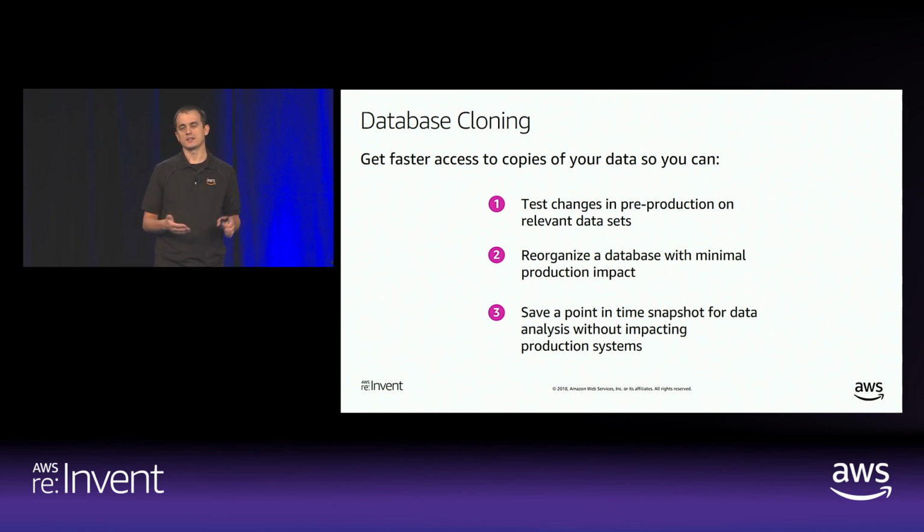If you need to add an index and you have a very, very large table, you might not be able to do that realistically in production because it might be way too disruptive. So you could create a clone, add that index on the clone, catch up using bin logs, and then simply cut over. It makes things a lot simpler, and it decouples that operation from your production workload.